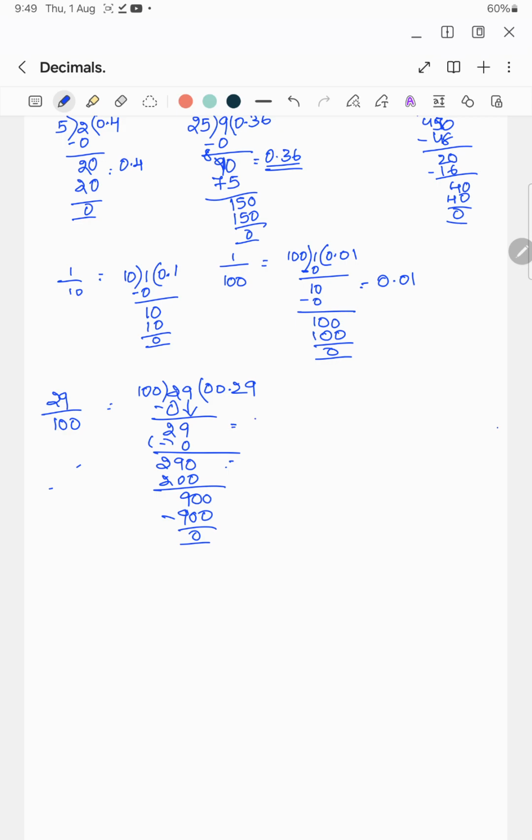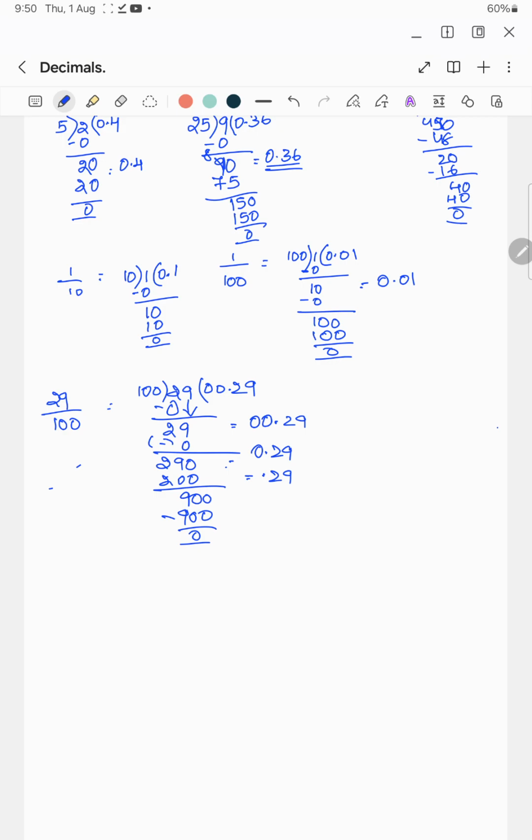So the quotient will be 0.29. The zeros before a number in the whole part are valueless. So this will become 0.29.